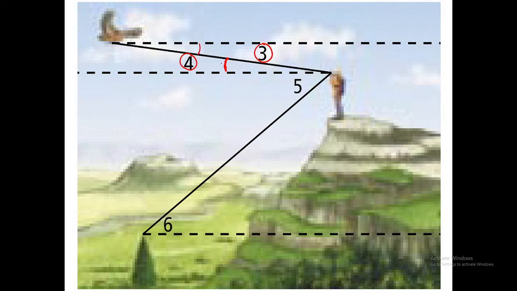They are congruent. Okay? Where is the angle of depression? 5, sir. It's angle 5. So angle 5 and angle 6 have the same measure. Okay? So take note of that. We will be using this concept later on.